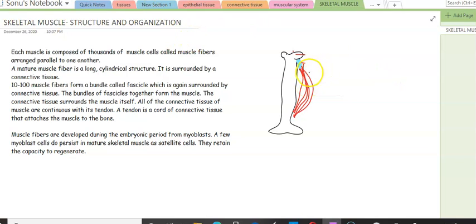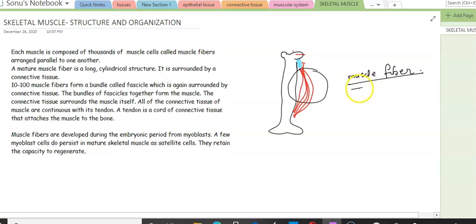Now this muscle, we are talking about this particular region, that is a muscle. Each muscle is made up of long mature fibers called muscle fibers. So thousands of muscle fibers form the muscles.